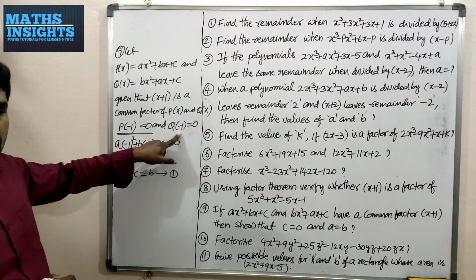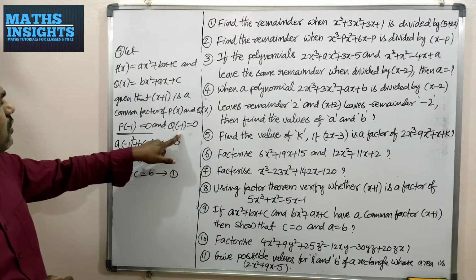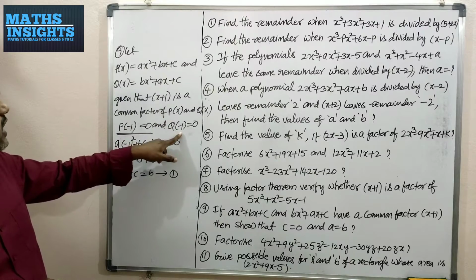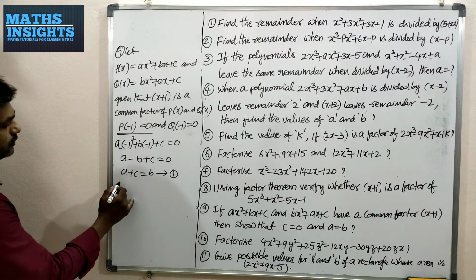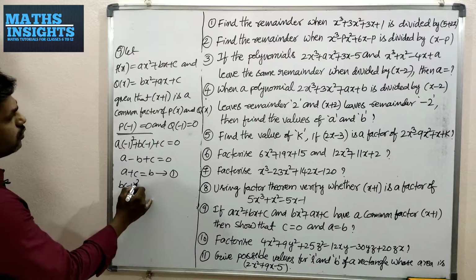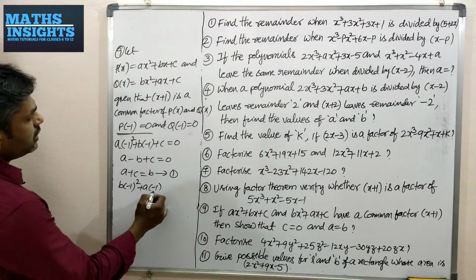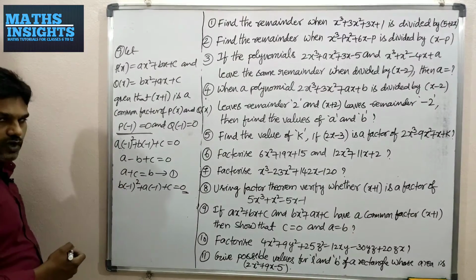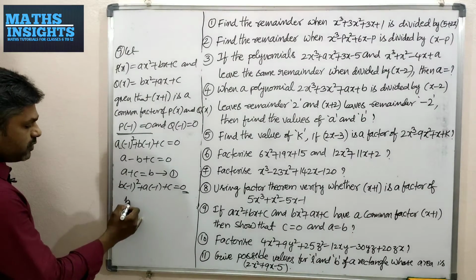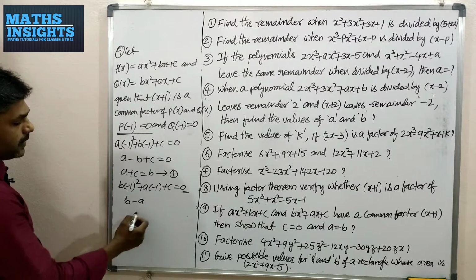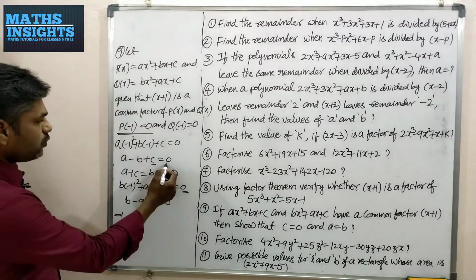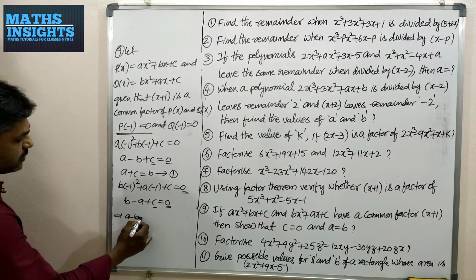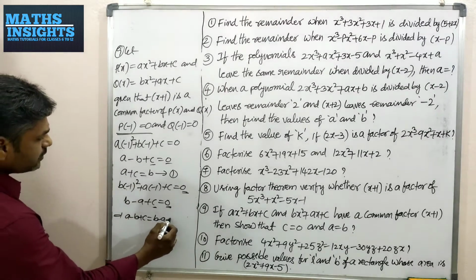And in the second polynomial you are having remainder 0 when you put x is equals to minus 1, that is b into minus 1 whole square plus a into minus 1 plus c is equals to 0, remainder 0. Therefore this minus 1 whole square means again 1 into b, and this is minus a plus c is equals to 0. Both are equals to 0, that means a minus b plus c is equals to b minus a plus c.